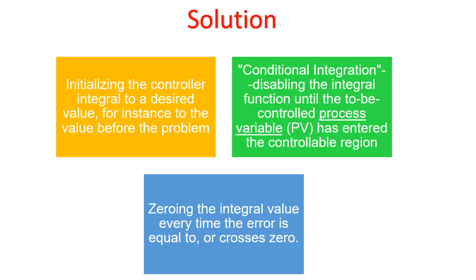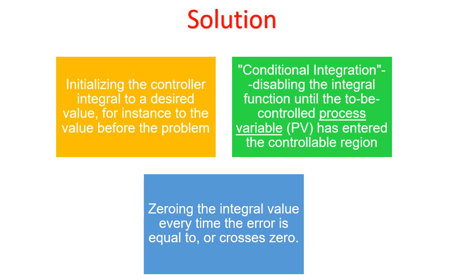Now, what are the solutions to it? There are many solutions. I have identified the three major solutions that are used in the industry, and we will understand one of the solutions with the help of a practical example. One solution could be initializing the controller integral to a desired value, for instance, the value before the problem.